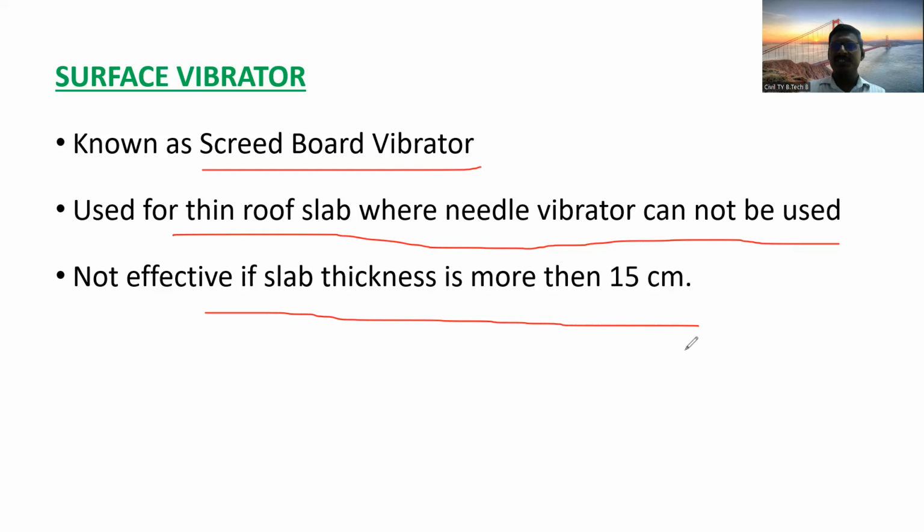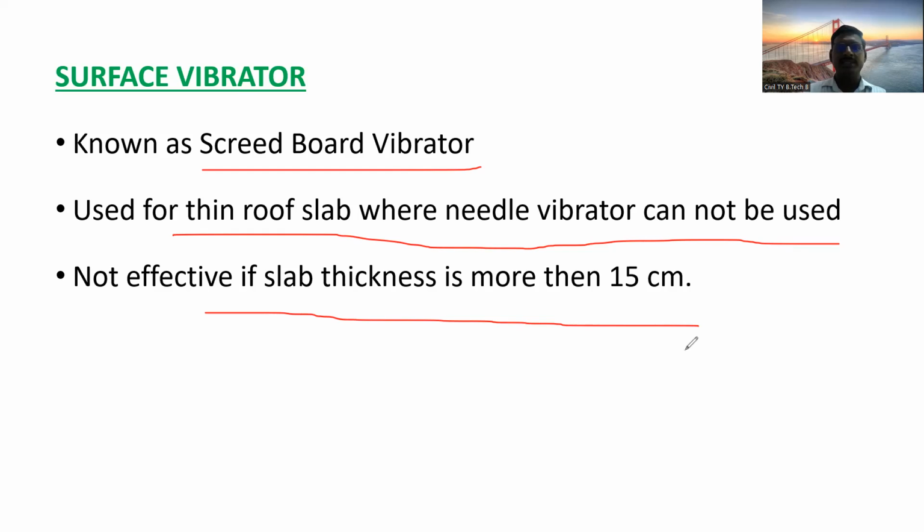Sometimes PCC has less depth, there we can use it. Sometimes there are thin slabs, like terrace slabs, where working on them is not allowed. So in this case we can use it for thin layers.